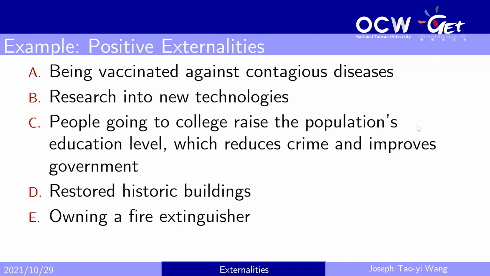I'm not sure if you would want to own a fire extinguisher at home, but having a fire extinguisher at home is creating positive externality because if your neighbor's house is caught on fire, you can grab your extinguisher and try to help your neighbor. So these are examples of what we call positive externalities, where the transaction or this behavior is creating a good effect on bystanders that the bystander is not paying for.